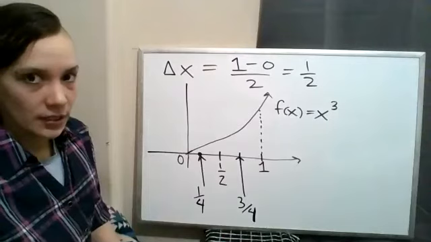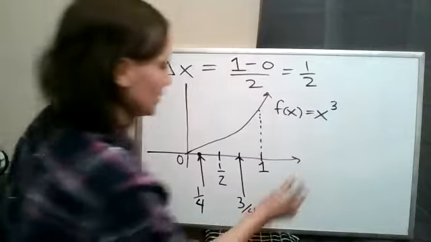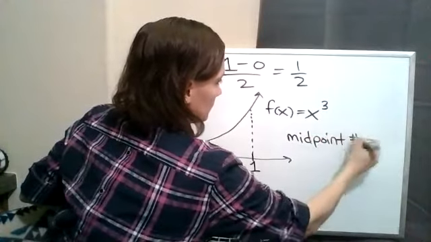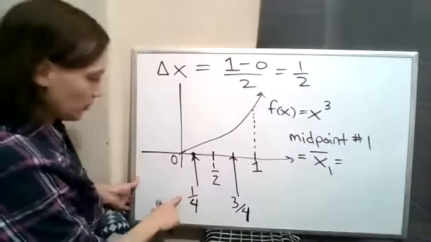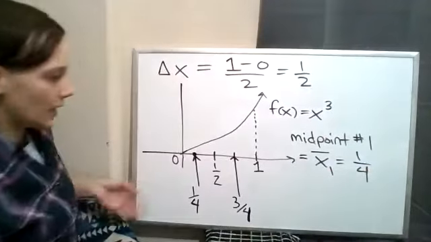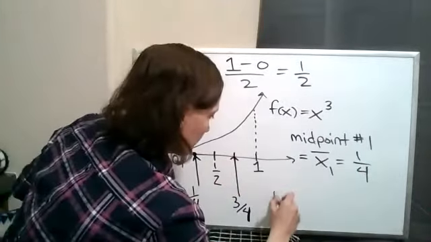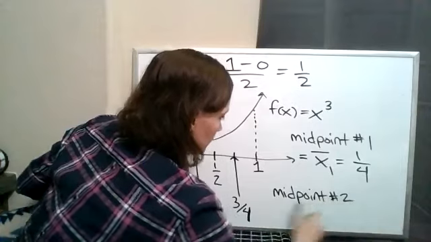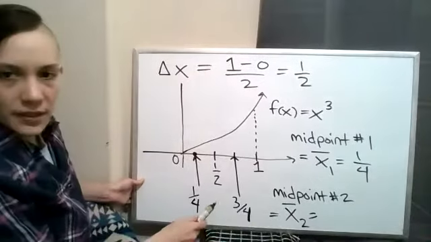So just to get used to the notation, the first midpoint we call x sub 1 bar, and that was 1/4. The other midpoint, midpoint number 2, is x sub 2 bar, which is at 3/4.